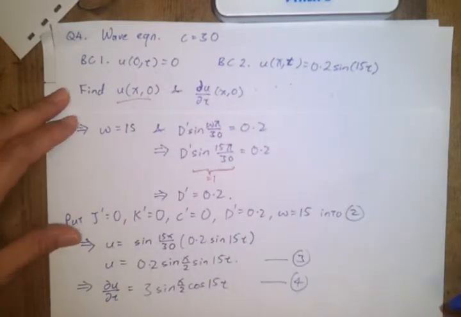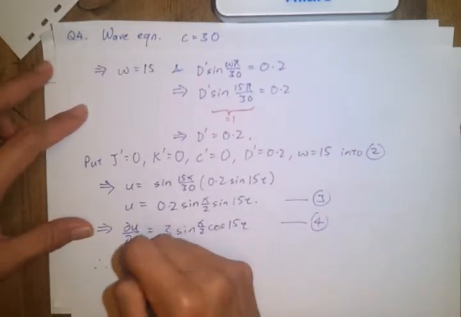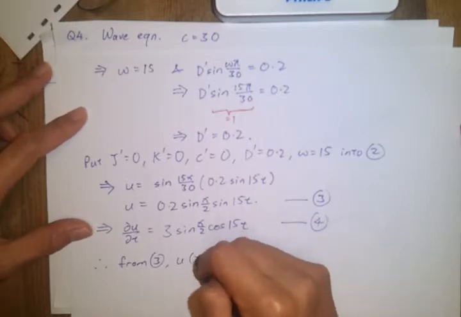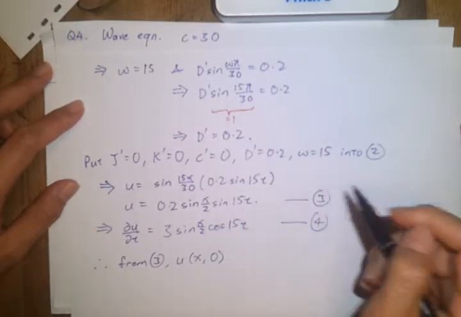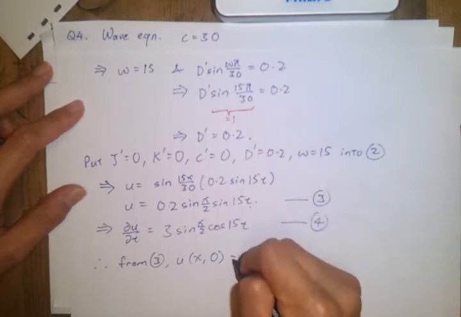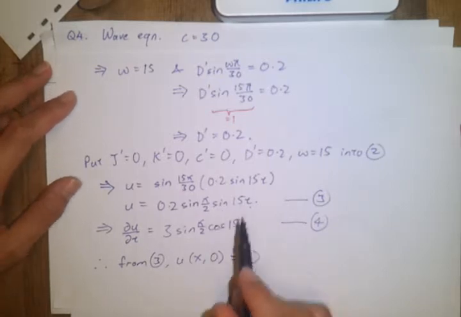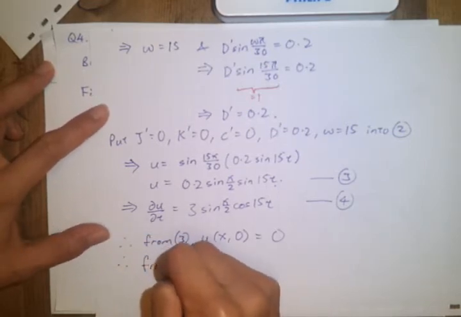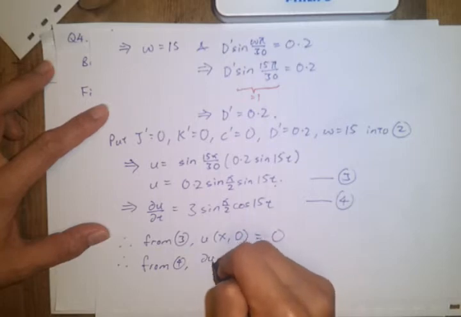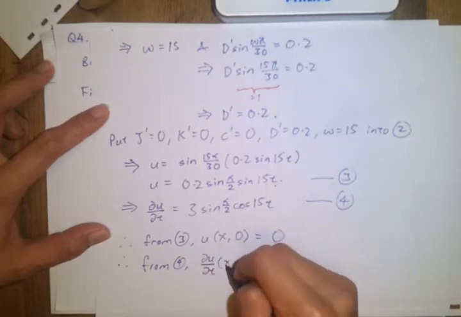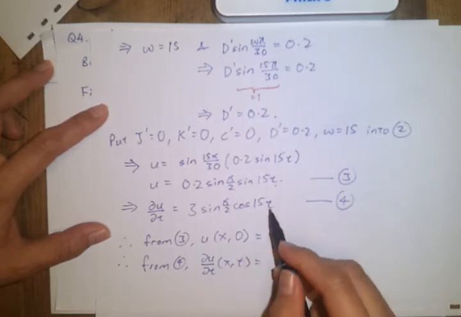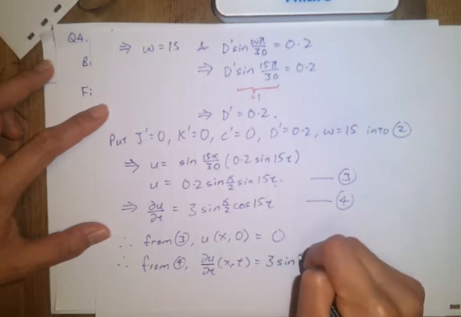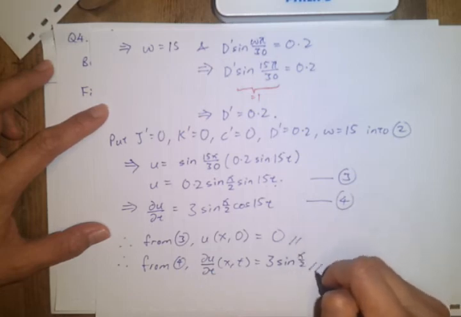From equation 3, at t equals 0, sine 0 is 0, so u at t equals 0 is 0. And from equation 4, du dt at t equals 0, cos 0 is 1, so you're left with 3 sine x over 2. These are your two answers for question 4.